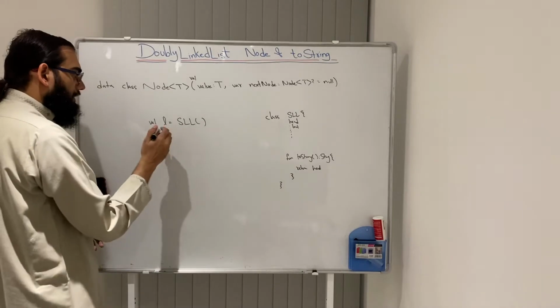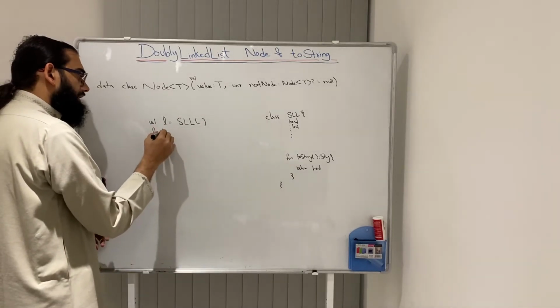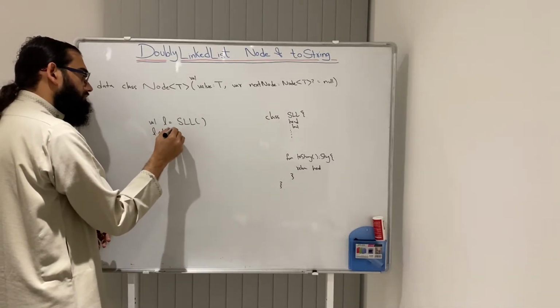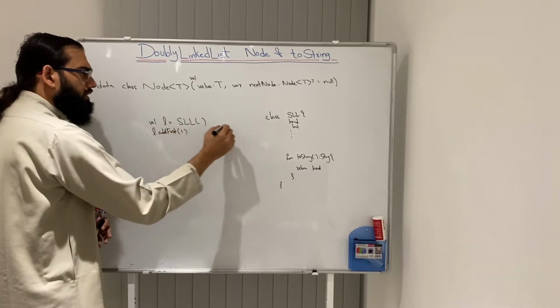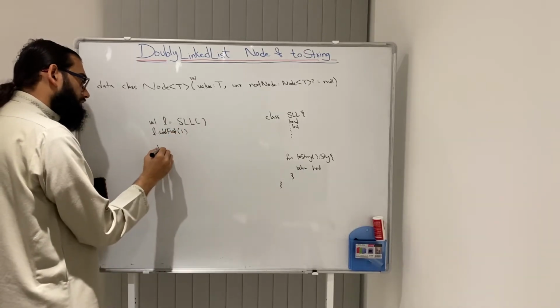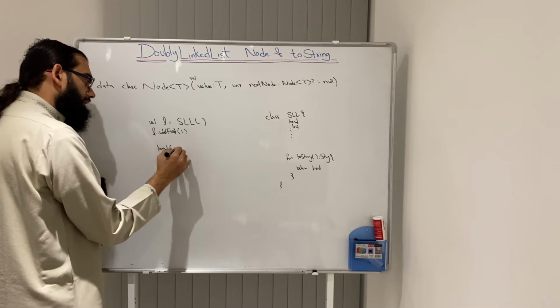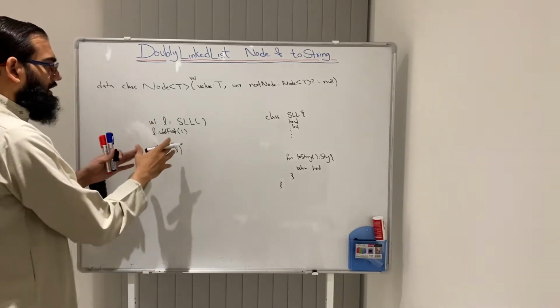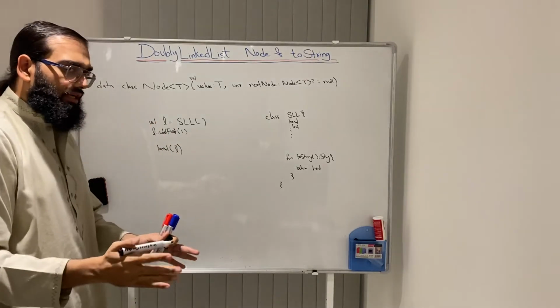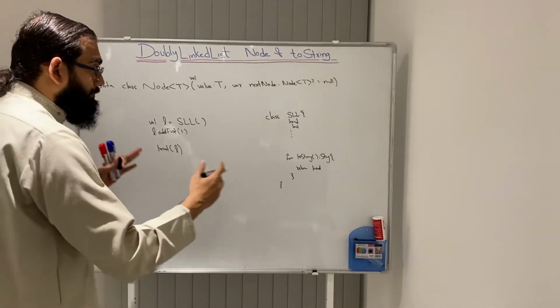And in main, I added some values, add first 1 2 3 4 5, and we did print L. So on the terminal we can see 1 2 3 4, a proper node.